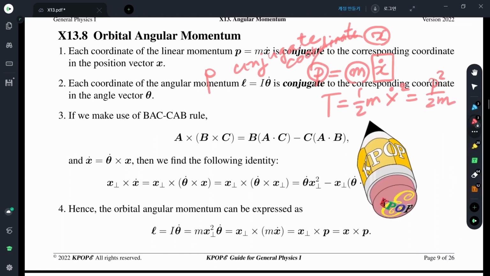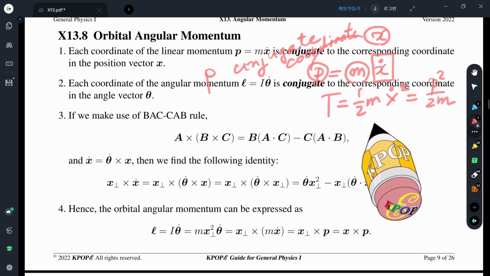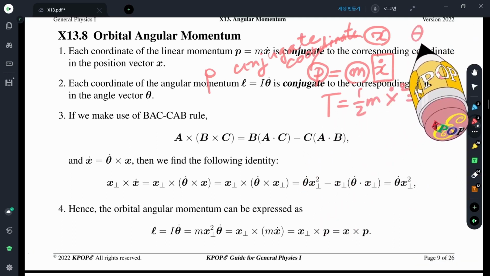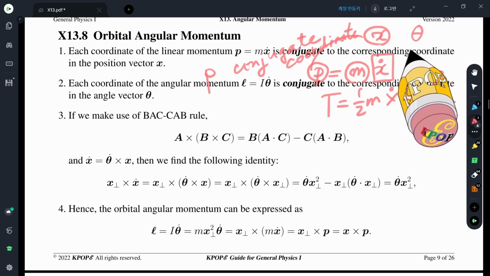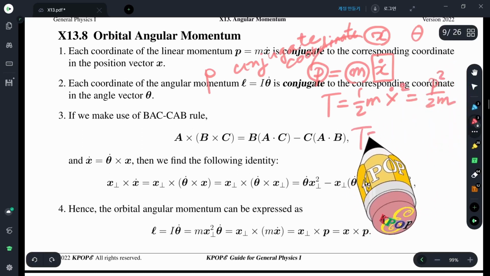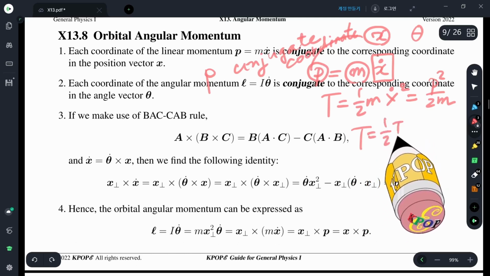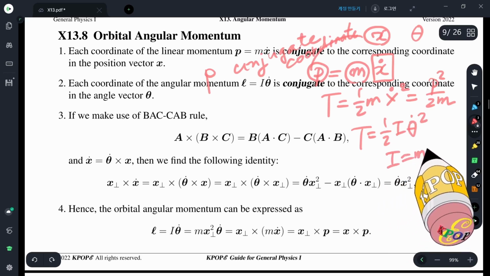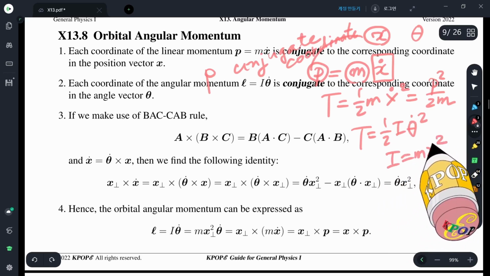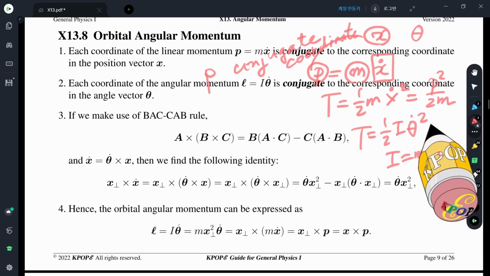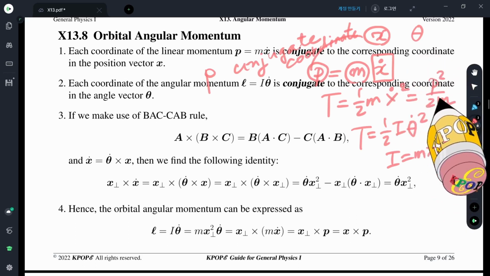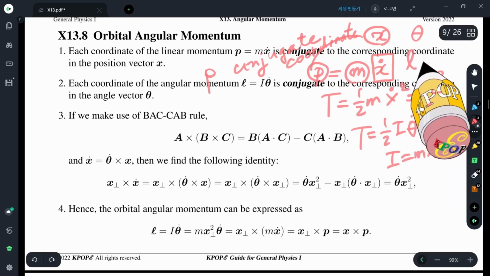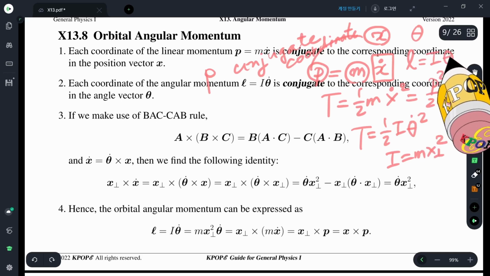This also appears for the rotation, and here rotation has the coordinate angle theta that does not carry any physical dimensions. We have kinetic energy, that is one half I theta dot squared, and I is mass times length squared. We follow the same rule to define angular momentum L, that is I times theta dot.